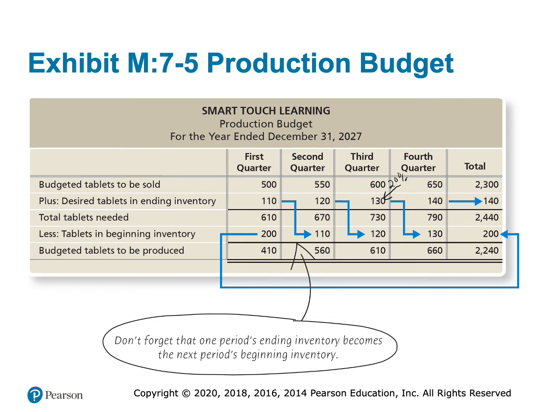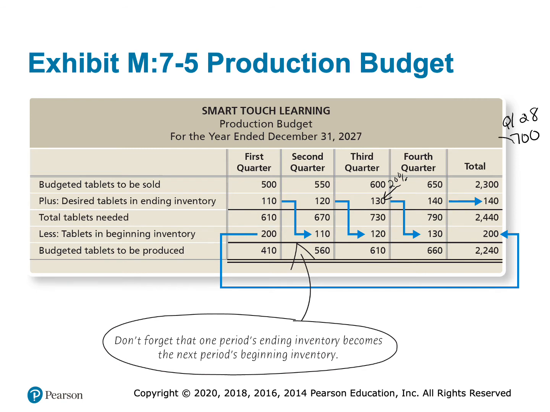Now for quarter four, we expect to sell 650 units. Our desired ending inventory would be based off of quarter one of 2028's sales. So if we continue with the assumption that sales are increasing by 50 units a quarter, then quarter one of 2028, we would expect to sell 700 units.